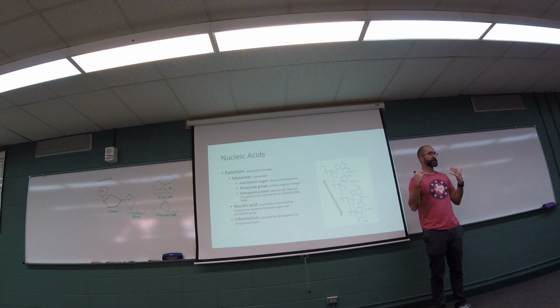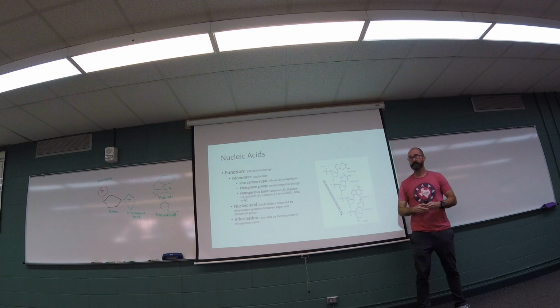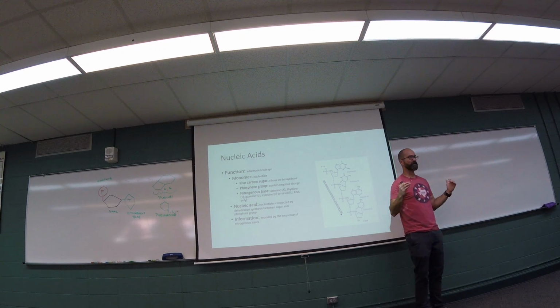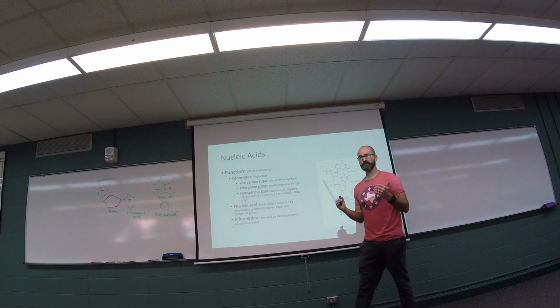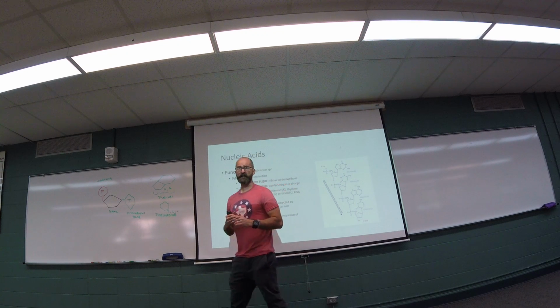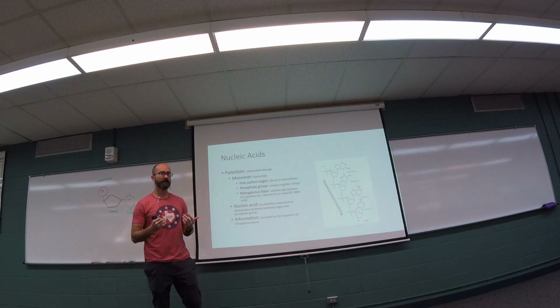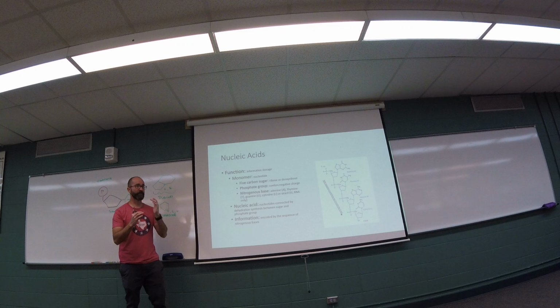Now, the question is, how is it that information is stored in nucleic acid? And the answer is, it's stored as the sequence of nucleotides. We can divide up the long DNA molecule into discrete regions called genes. A gene codes for some specific protein.